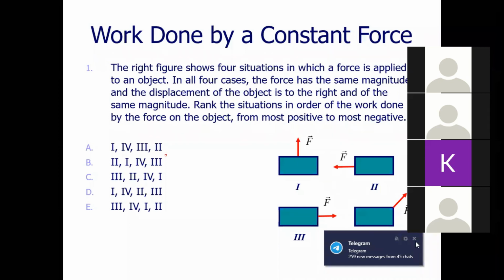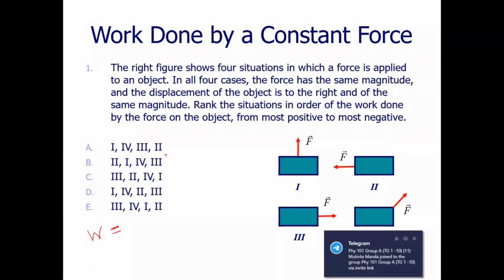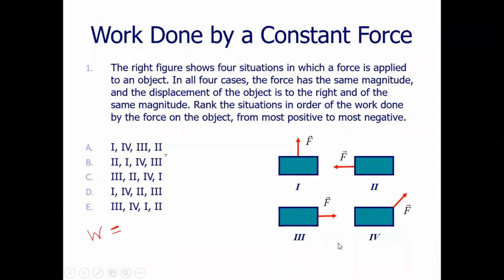Now tell me, what is the equation that we use for work? Work is equal to what? The work that is done by a force? It's the force times distance. Okay, that equation is wrong.